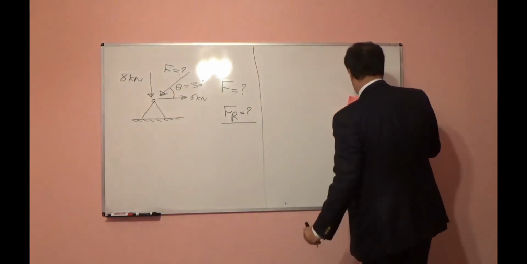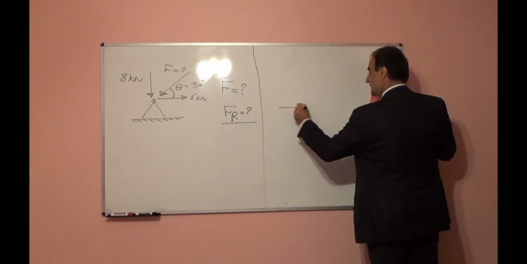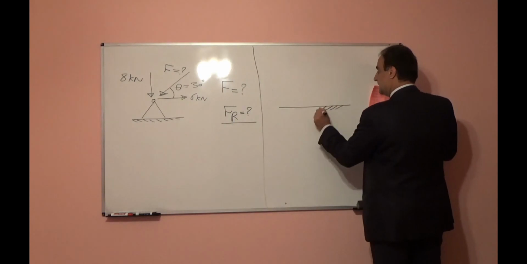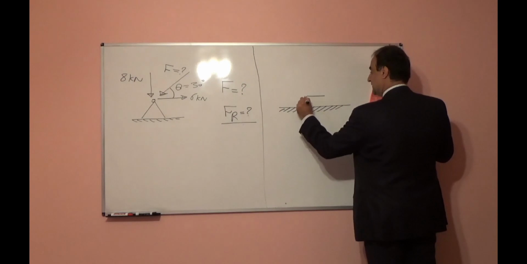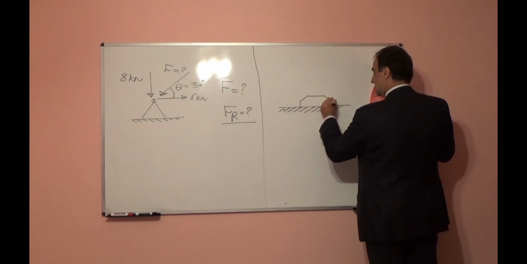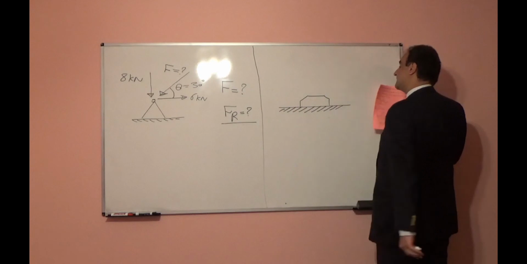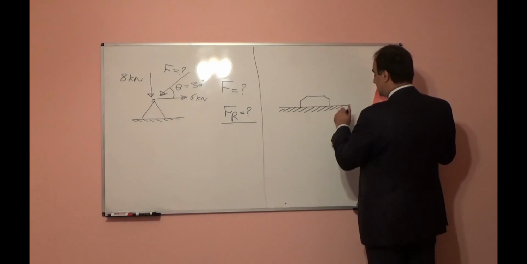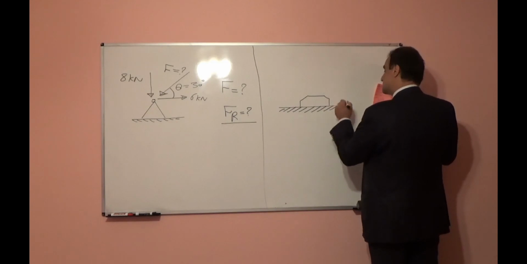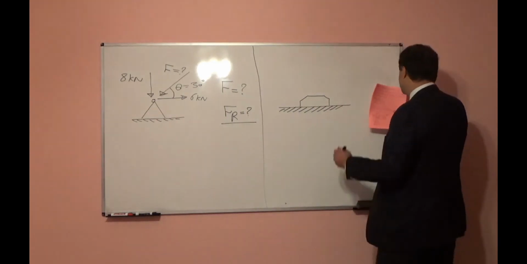Then the next problem. Again, we have a support here. Assume this is ground level. We have one plate. We weld it to another plate, and this plate is like a base plate, the kind we use under a column.